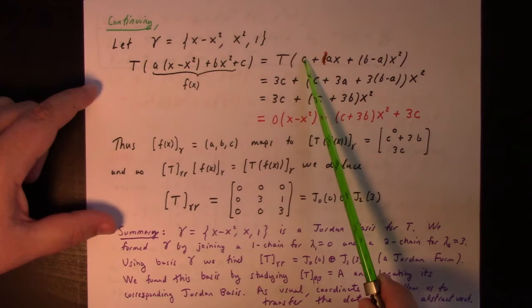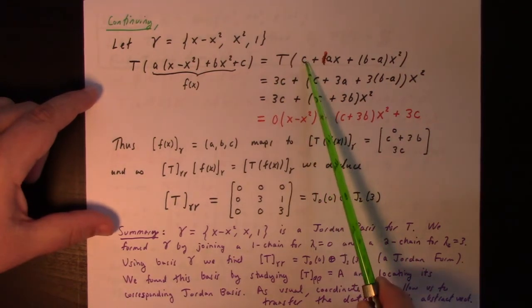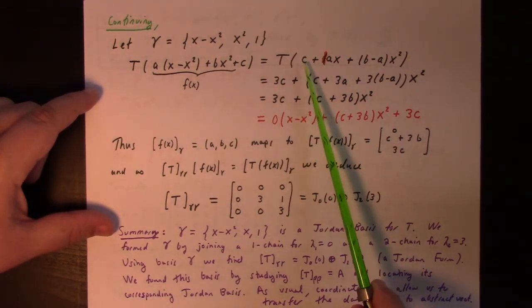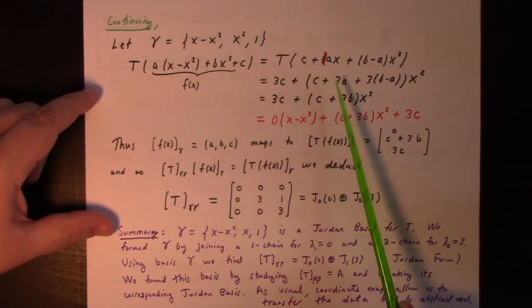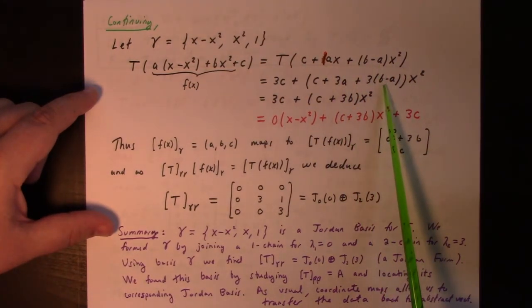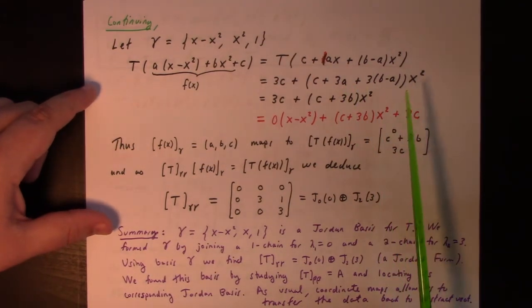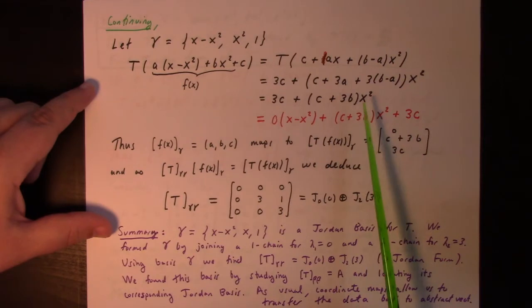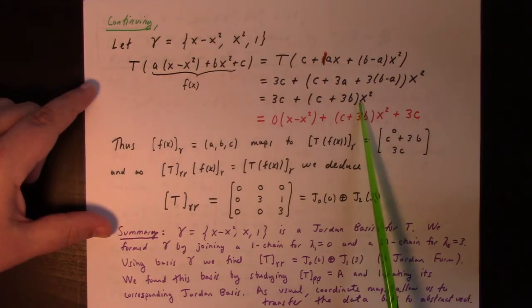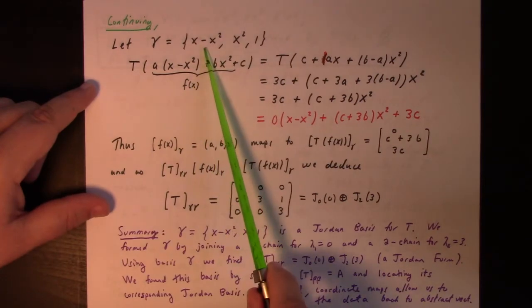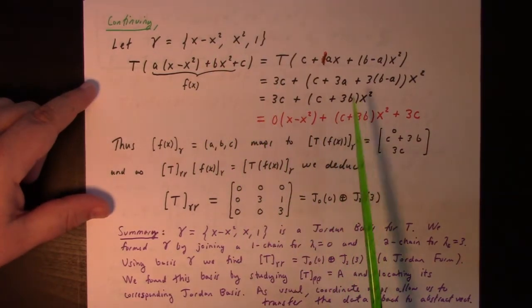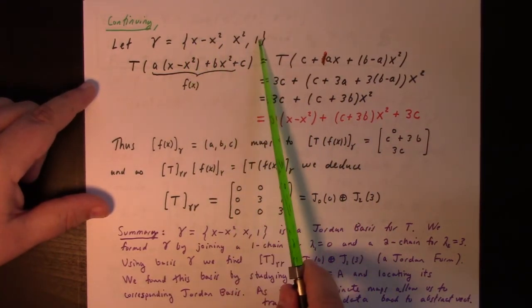So anyway, going back to the definition of T, I multiply the constant term by 3, and I take the sum of the constant term and then 3 times the middle term plus 3 times the coefficient of x squared. So that's what I did here. And then I reorganize it, I simplify things. In order to see what the matrix of T is with respect to the gamma basis, I need to express the output as a linear combination of these, right?